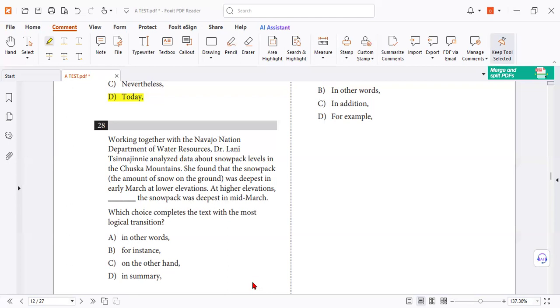On the other hand, so my friend, letter C. Letter C, correct.